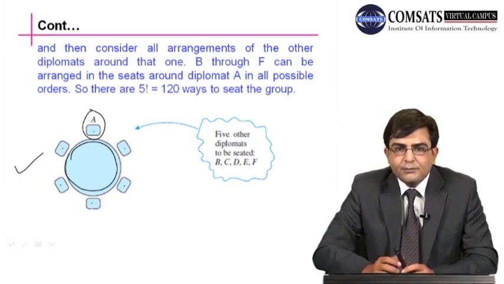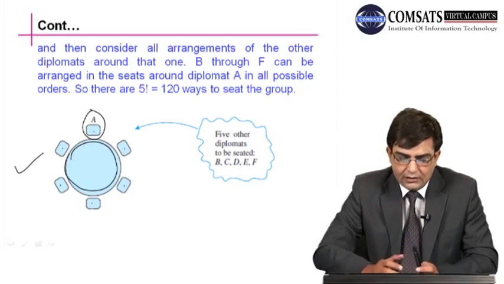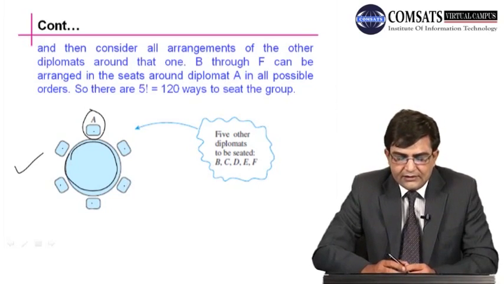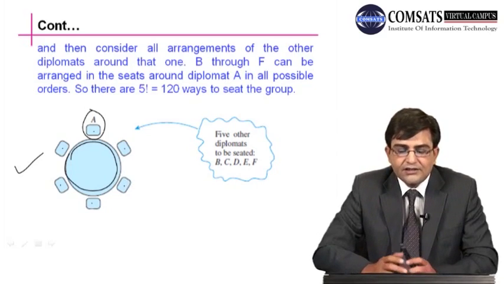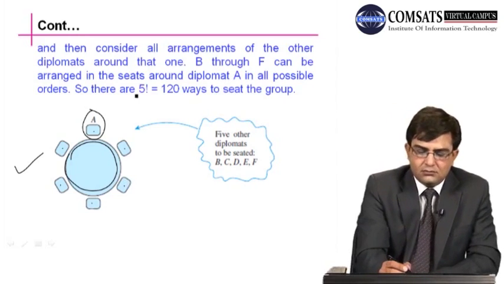So the number of permutations: these diplomats can sit around the circle in 5 factorial ways.